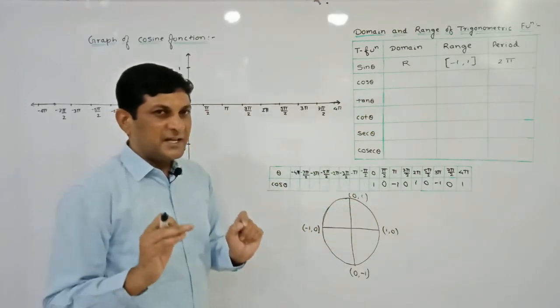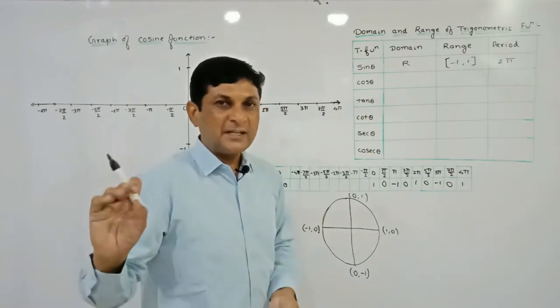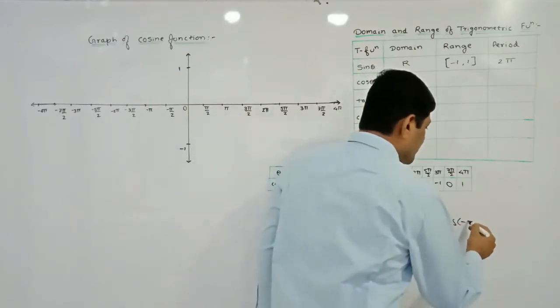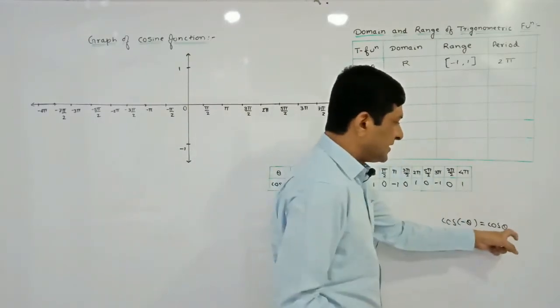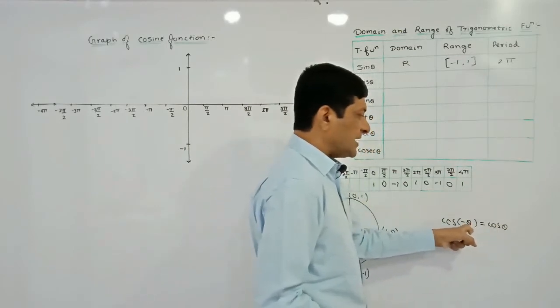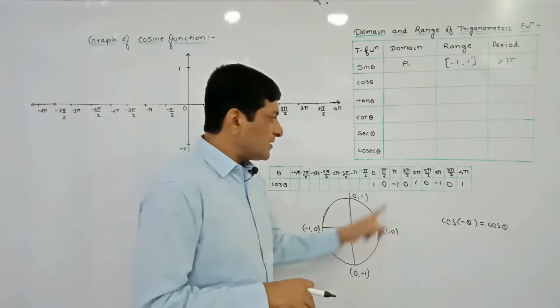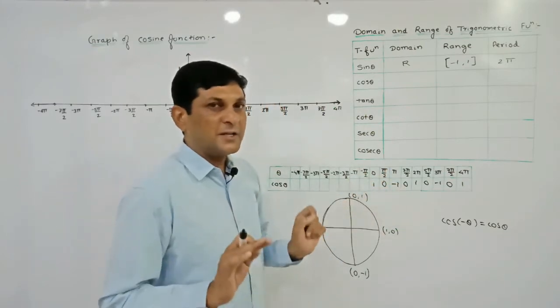But here, instead of using the standard unit circle, we will use one important result: the value of cos minus theta is equal to cos theta. This means whether theta is positive or negative, the values of cos are equal. So from this result, cos pi by 2 and cos minus pi by 2 are equal.